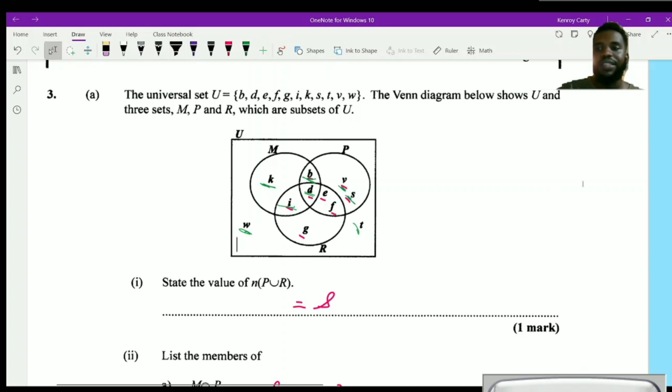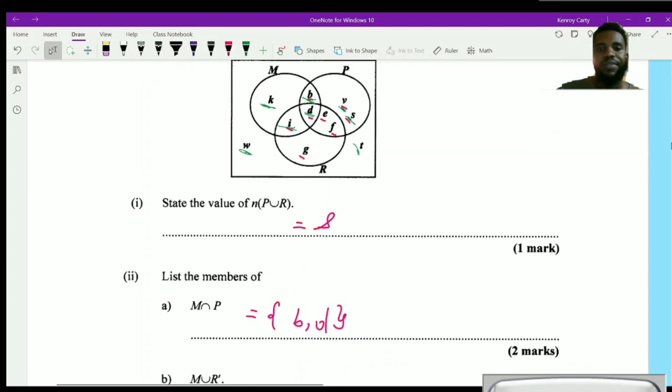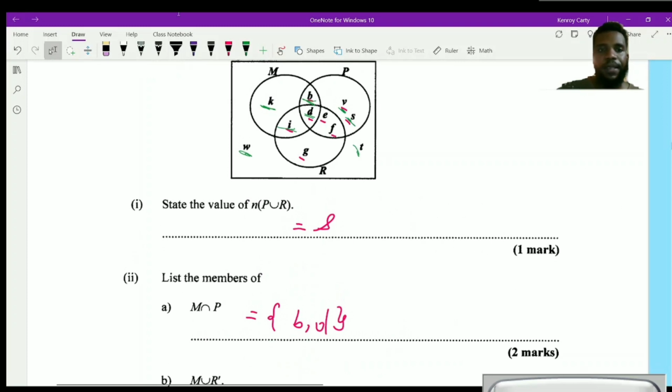Because it's union, it means we're joining everything together that we have in green. So we're combining everything. Guys, remember, we're looking at the union. Unite, join. So this will be the set with everything basically apart from G, E, and F. So let me see if I can get this in order now.